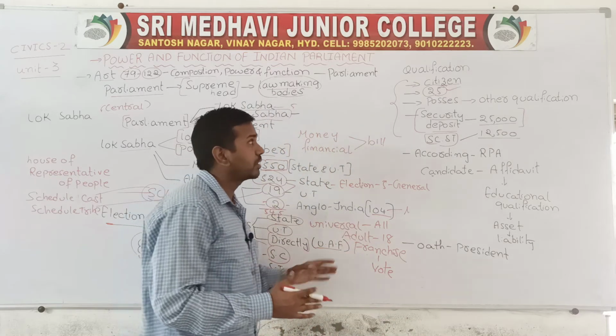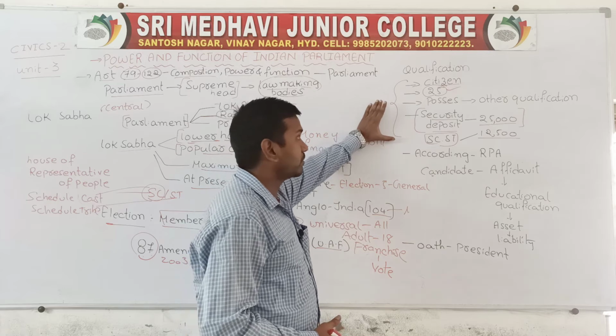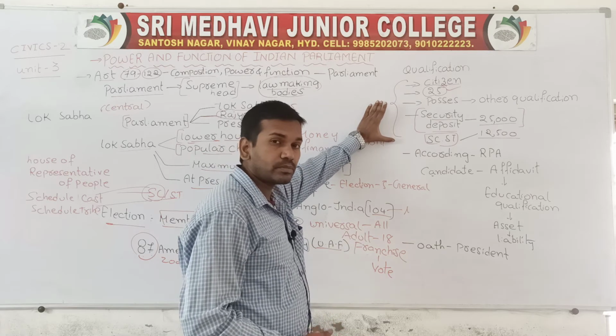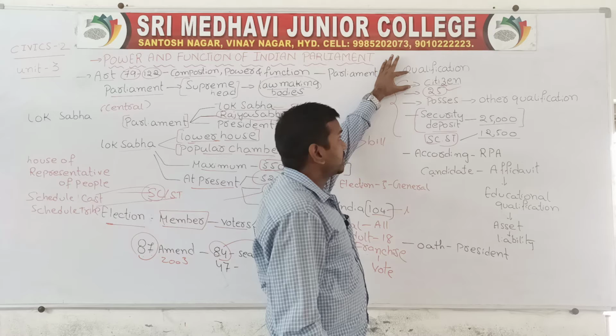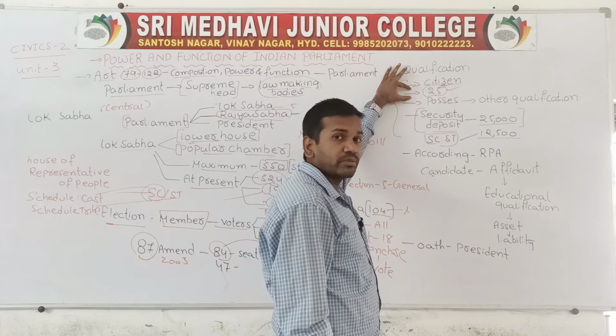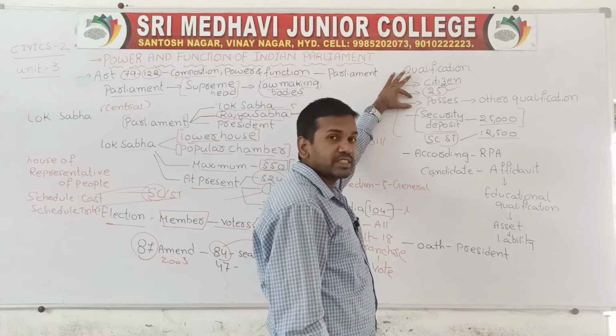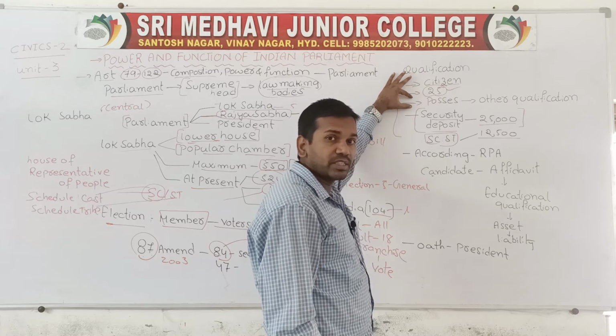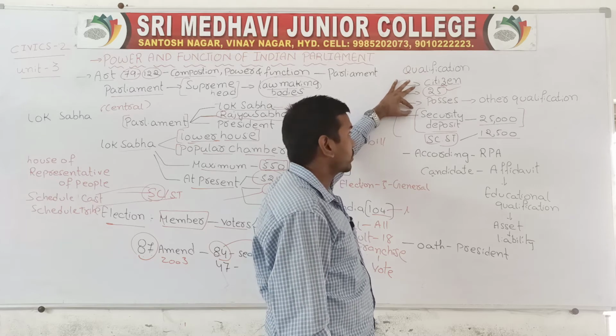So this is about the qualification to become a member of Lok Sabha. The first qualification is you should be a citizen of India. Second, your age should be 25 years. Third, you should possess all the other qualifications needed for a member of Lok Sabha.